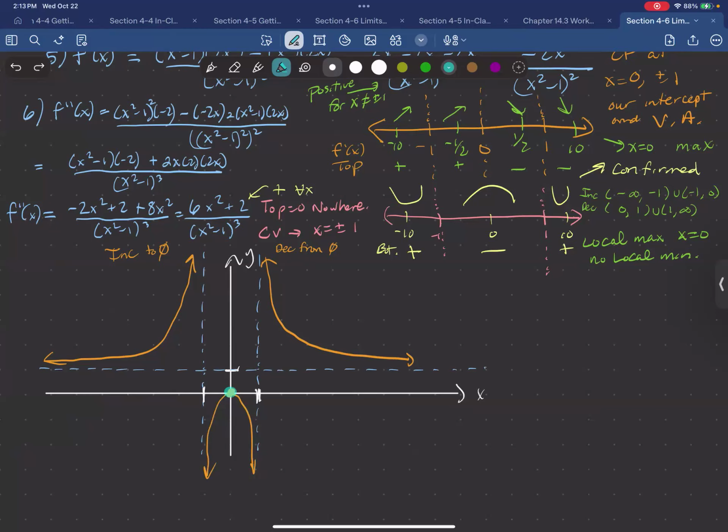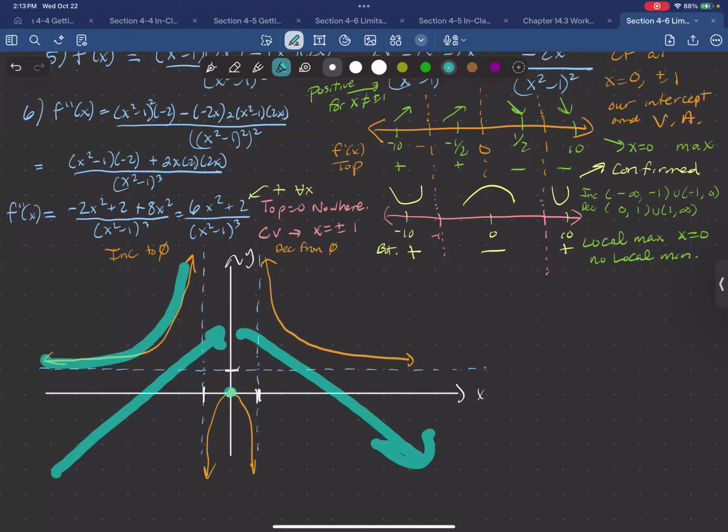It told us it was increasing from here to here, and decreasing from here to here. But how that helps us with the asymptotes is kind of iffy. So the concavity helps here. It is concave up over here on the left, which means it's doing that. It's also concave up here, which means it's doing that. And we see that's what we get.